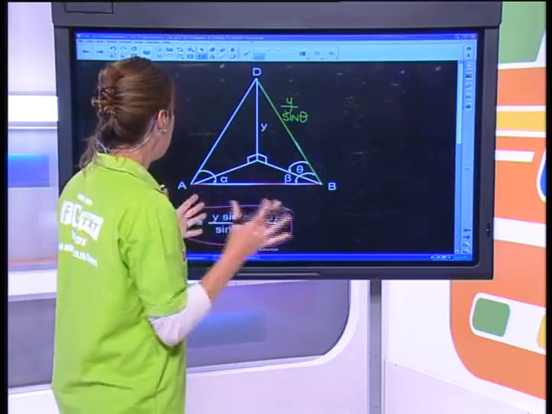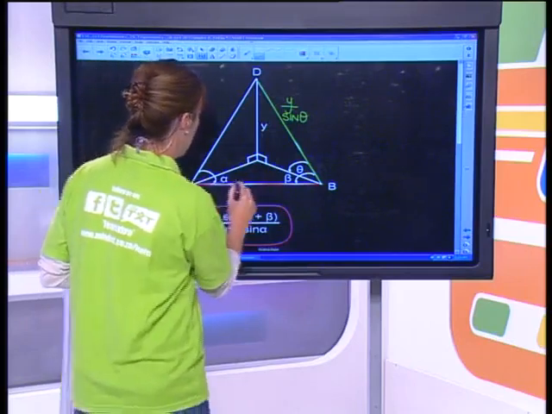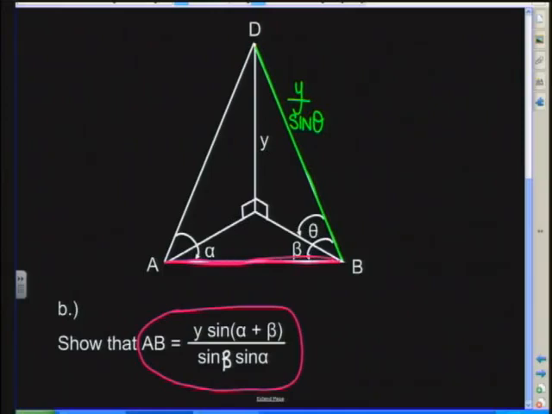All right, so I now have to try and find my length from A to B, and I need it to look like that. Okay, so let's just quickly fill in what we found earlier, just in case it's going to help us. So we knew that that was 180 minus alpha plus beta. Okay, well, let's see. We've now found this length from D to B, and they're trying to get me to find the length from A to B, all right? So what does that help me?